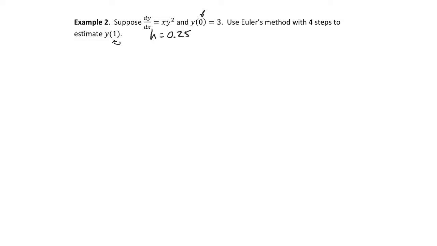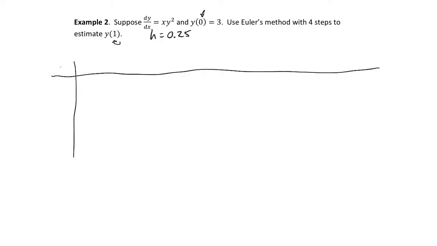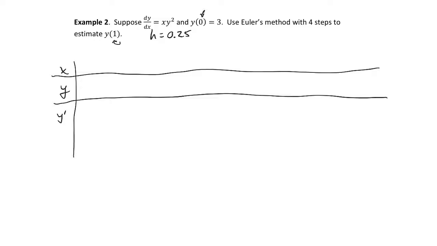So what I'm going to do is make a table of values. I make the table in what I feel is the most logical sense. We're going to put x here, then we'll put the y value. From x and y, I can figure out what y prime is, the derivative. From y prime, I can figure out what delta y is.